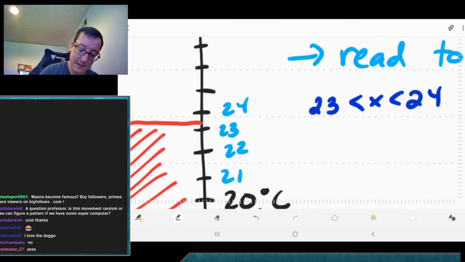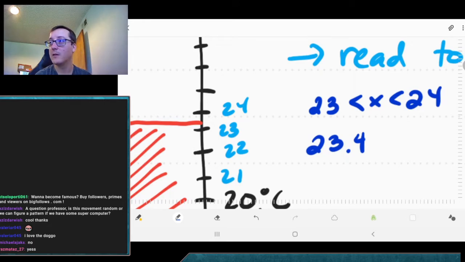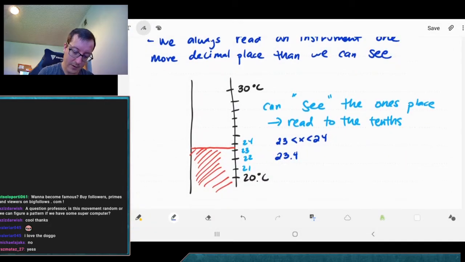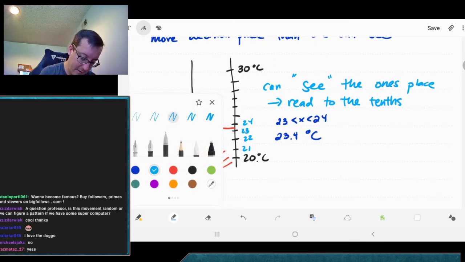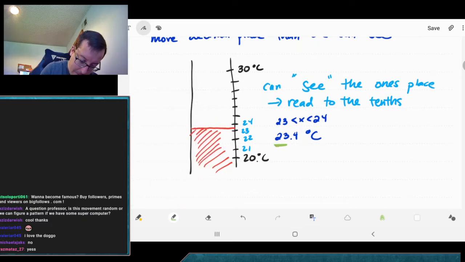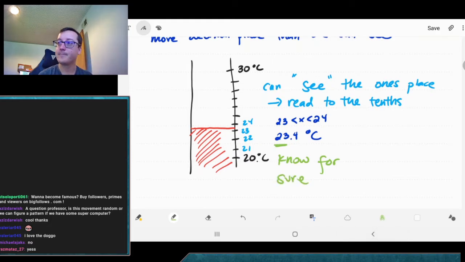And so I might guess, okay, well, I know it's bigger than 23. And it's not quite halfway, but it's almost there. So I might guess 23.4 degrees Celsius for this measurement. Again, with the understanding, we know this for sure, and this one here is our best guess.